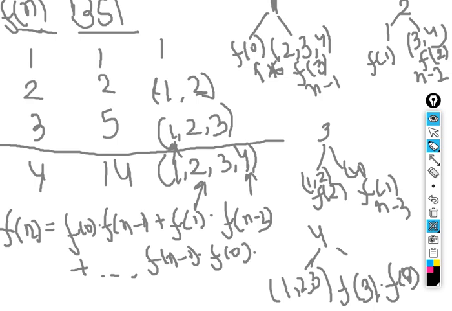So we have f of 0, f of 1 up until f of n minus 1, and f of n minus 1, n minus 2 down to 0. So we have a series over here. First let's write a recursive solution for this, and then we'll convert that to dp.